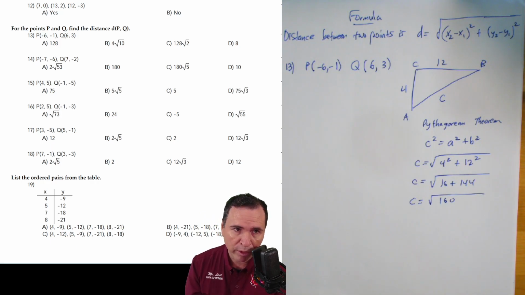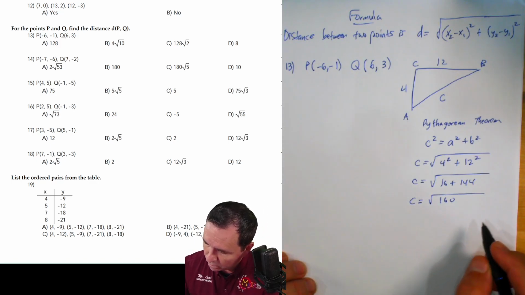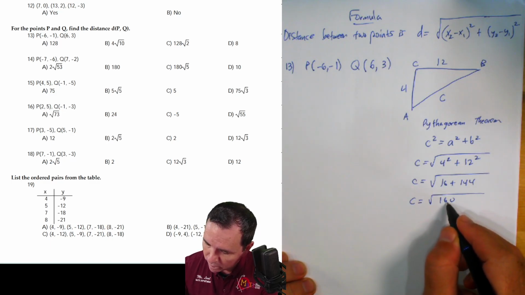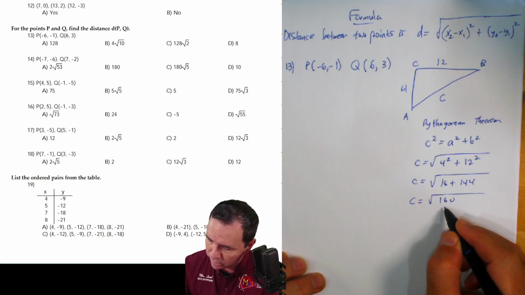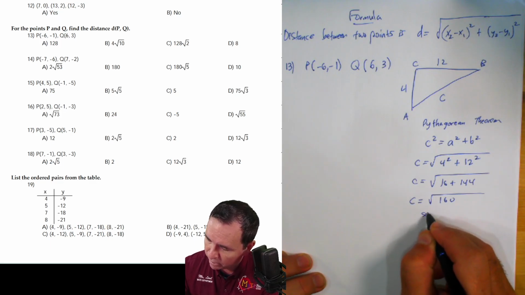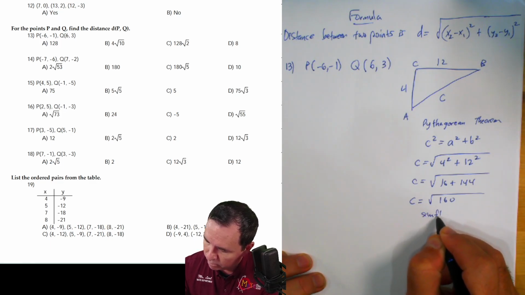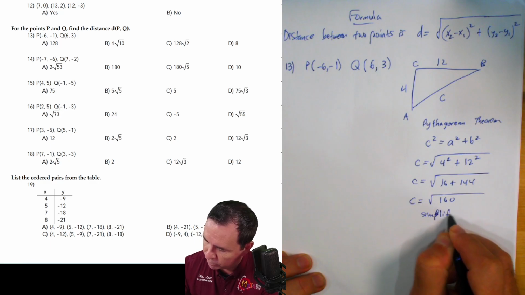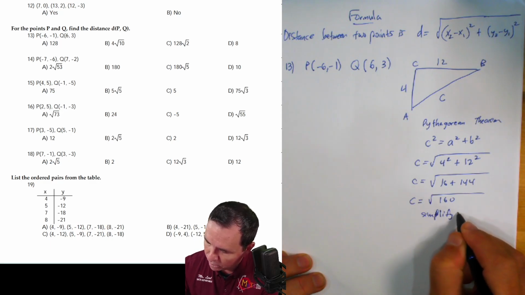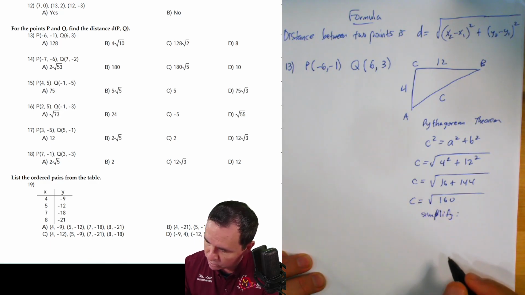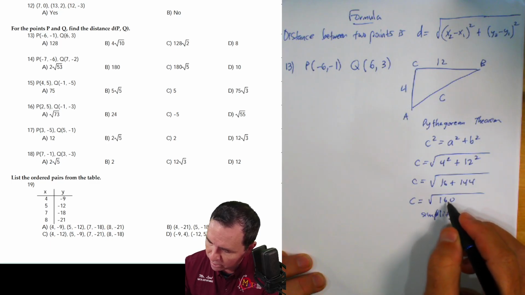So you're probably wondering, what is going on, Mr. Leal? How come there's no square root of 160? Well, I'll show you why. You're going to have to think of all the perfect squares that go in there to simplify. We have to simplify. So how do you simplify? You take out all the perfect squares. So what perfect square can I see there?